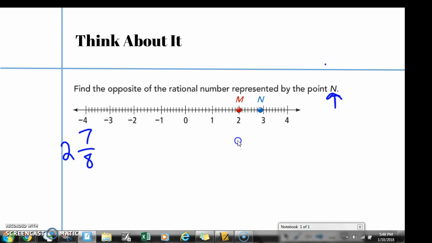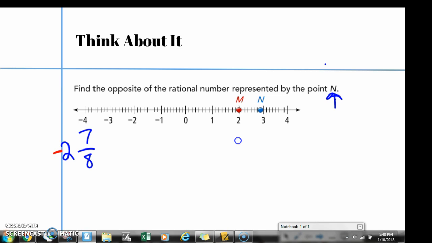So when we reflect this across the number line, or find the opposite, we need to start at 0 and go opposite 2 7/8. So we'll be doing negative. Okay?